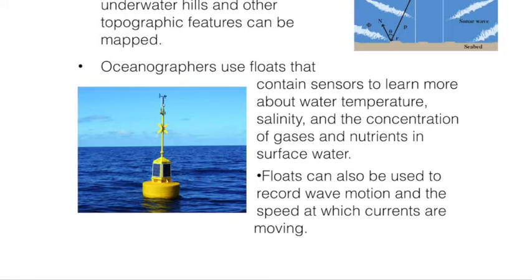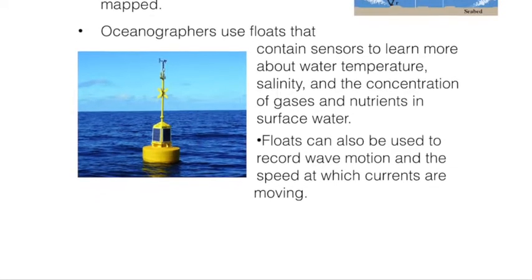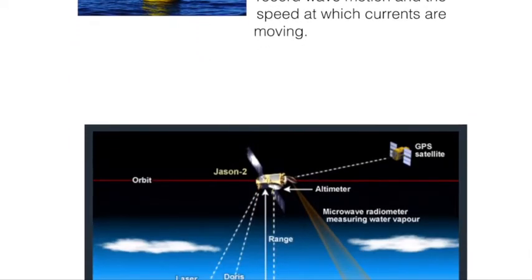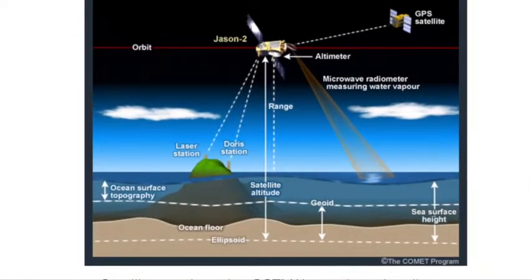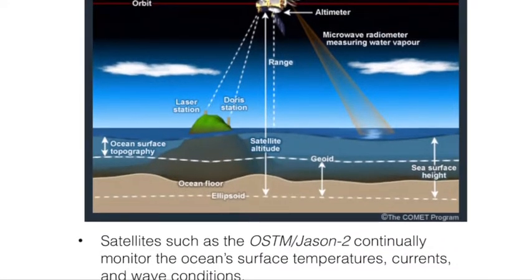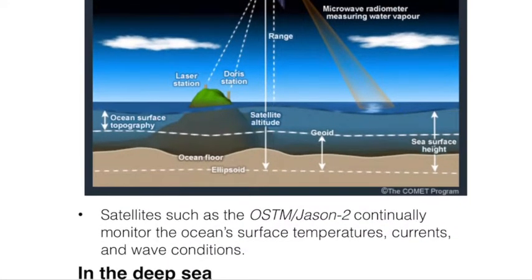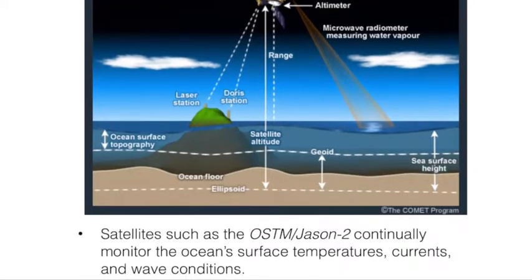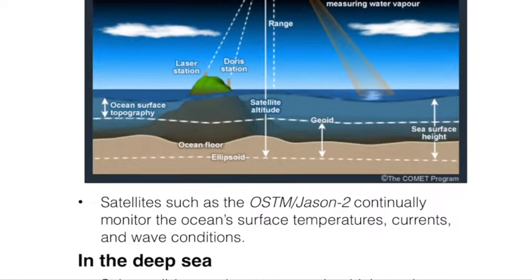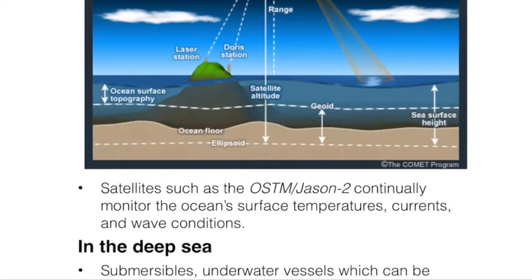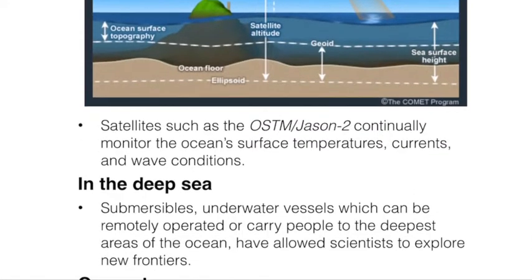All of these collecting instruments are on these floats. Also, we've talked about the Ocean Surface Topography mission, which shows the height and depth of the sea surface, so measuring the waves, etc.